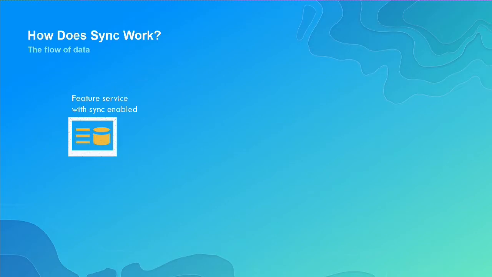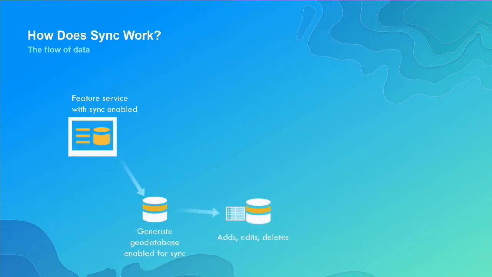So how does the sync work? When we have the sync-enabled feature service, we can call generate geodatabase from that. Then we can pull it down to offline. It gives us access to all the adds, edits, deletes. And then we can call sync to generate, and at that point we generate a local delta file.